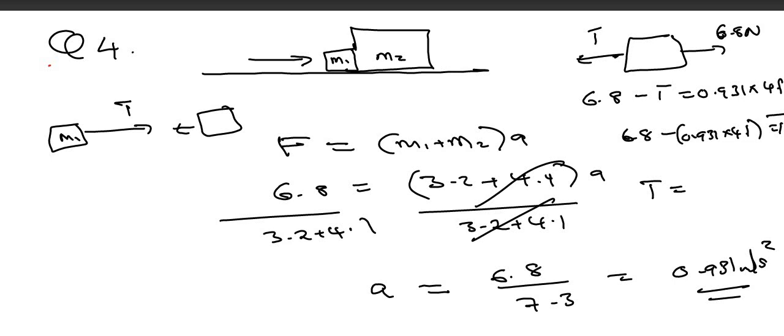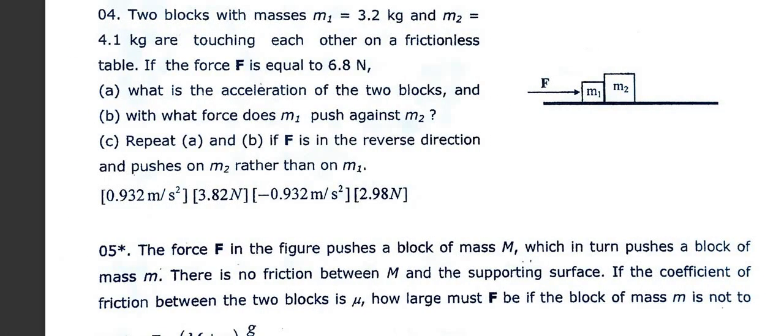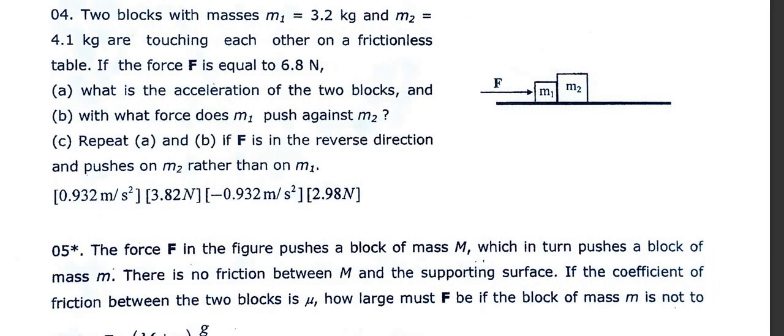So our tension here is going to be 6.8 minus... Okay, so we got the acceleration to be this value here. That's what we got. There is 0.932.